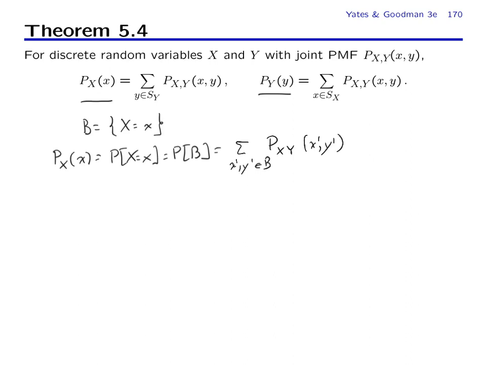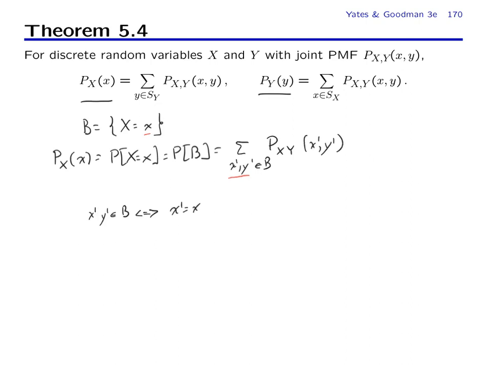There's something funny we had to do here where we had to use dummy variables x prime and y prime. That's because we're already using little x as a specific value that we're interested in, the random variable x being that little x. However, for this special case, x prime and y prime belongs to B if and only if x prime is equal to x.